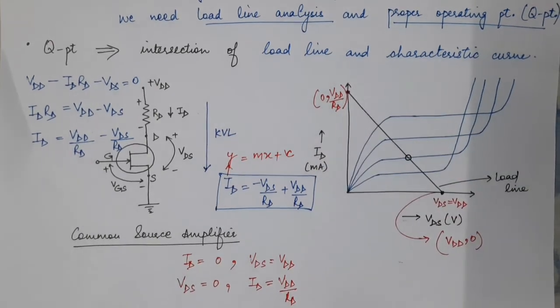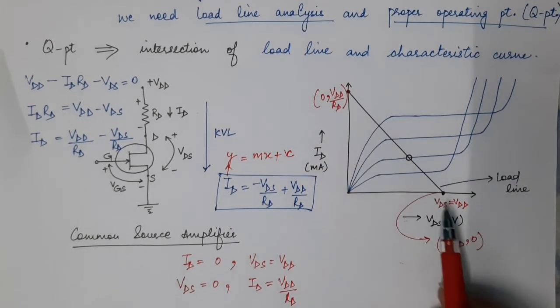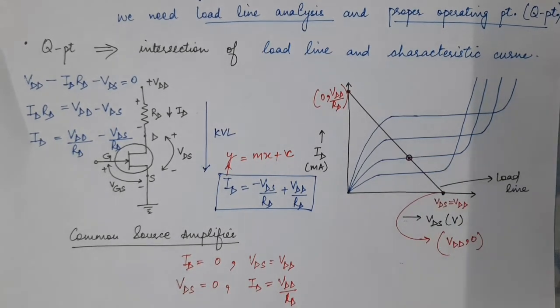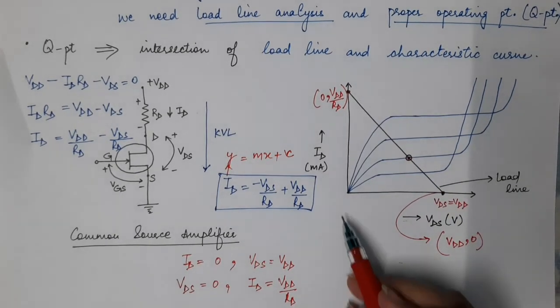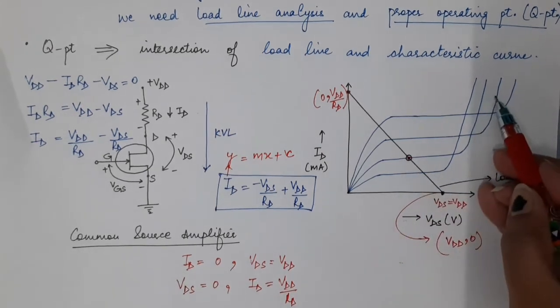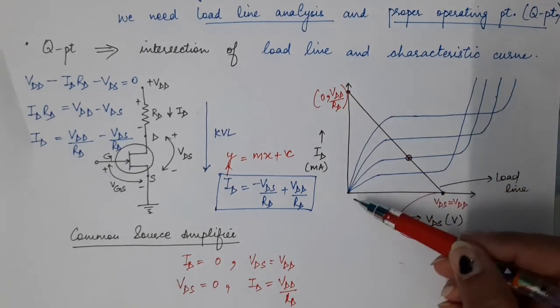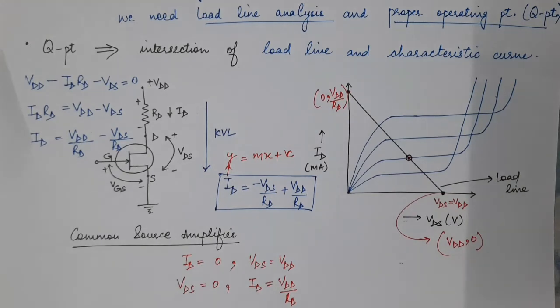So in this way you have drawn this load line, and here you can see this is the point which lies in the middle of the saturation region, and it is the intersection point of the load line and the output characteristic curve.